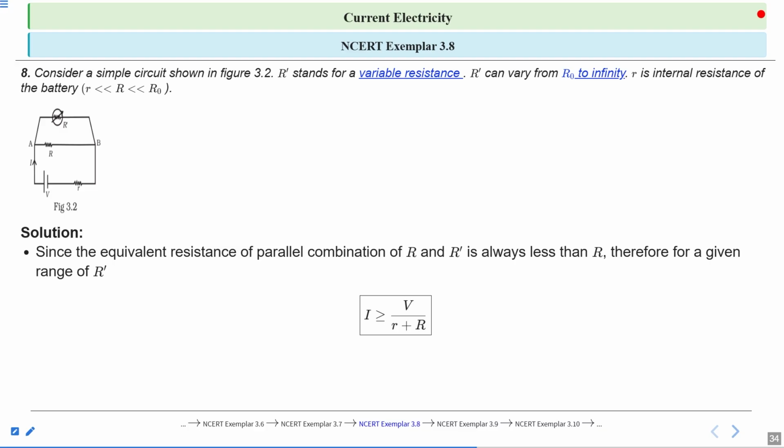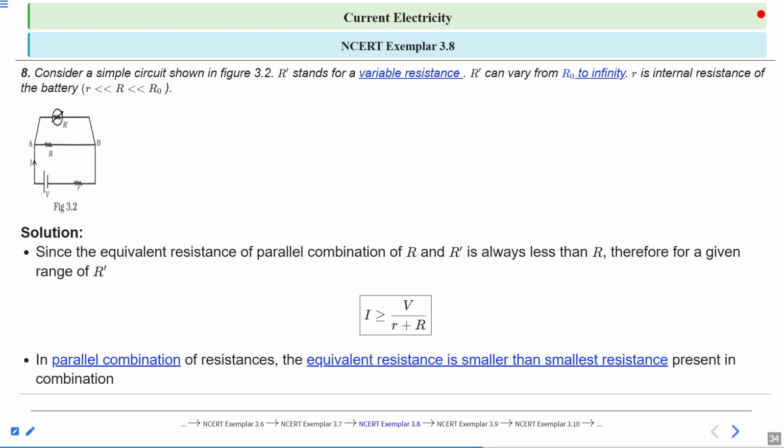When R dash becomes infinite and R equivalent becomes equal to R, then I is equal to V upon small r plus capital R. But for some finite value of R dash, R equivalent will be less than R, so the current will be greater than this value. So I will be greater than or equal to V upon r plus capital R.